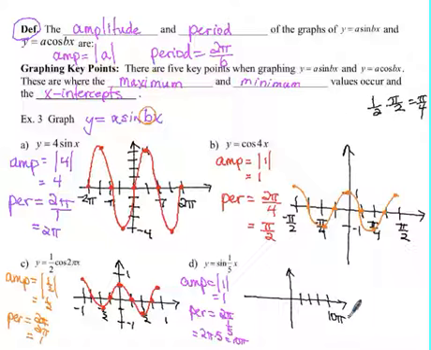What's halfway then? 5 pi. My amplitude is 1. All right, then when you're ready, go ahead and plot those.